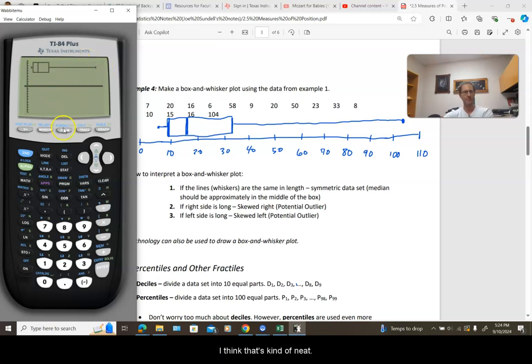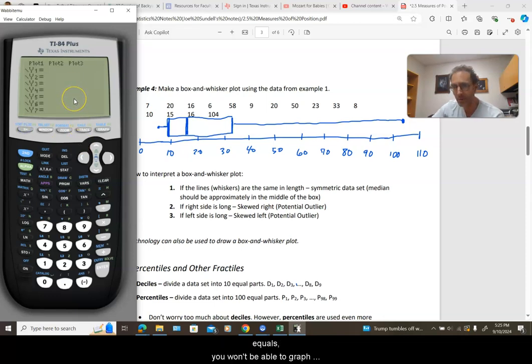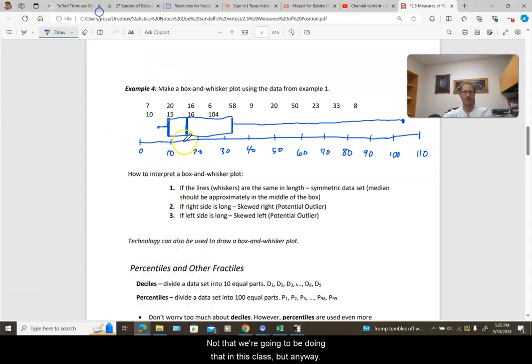But anyway, I think that's kind of neat. But guys, after you do this, what you may want to do is go back to stat plot, click on that number 1 again, and then scroll over to turn it off. Okay. So if you don't turn it off and then you try to go to y equals, you won't be able to graph any sort of function. Not that we're going to be doing that in this class, but anyway.